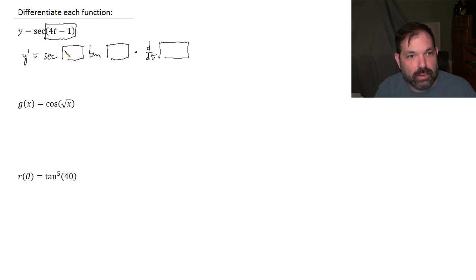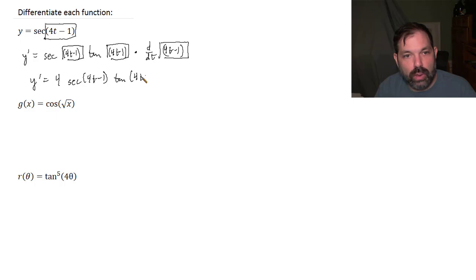And what's in the box is, again, 4t minus 1. Now, the derivative with respect to t of 4t minus 1 is just 4. So I would write that y prime is 4 secant 4t minus 1 tangent 4t minus 1.